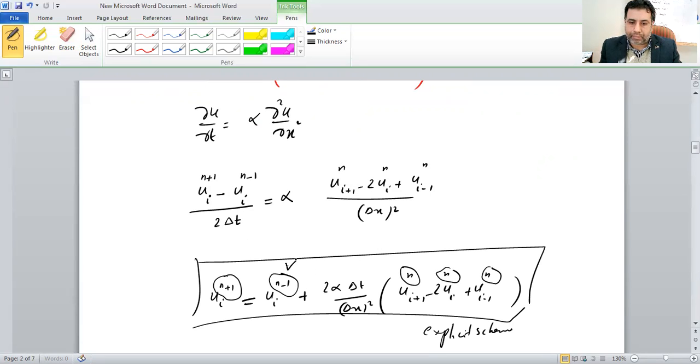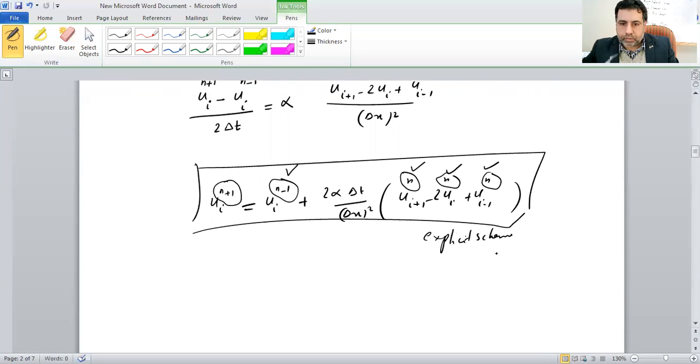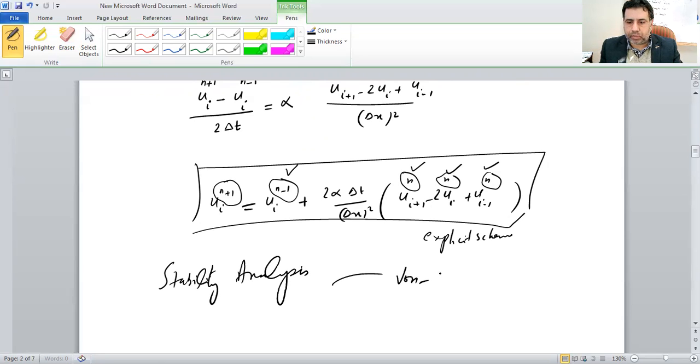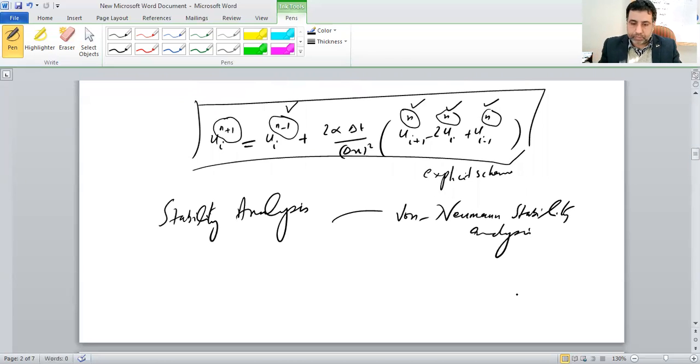But there are 2 time levels involved in the pre-processing. Okay, the stability analysis shows, you could perform von Neumann stability analysis, or some other stability method to check that this scheme is unconditionally unstable.